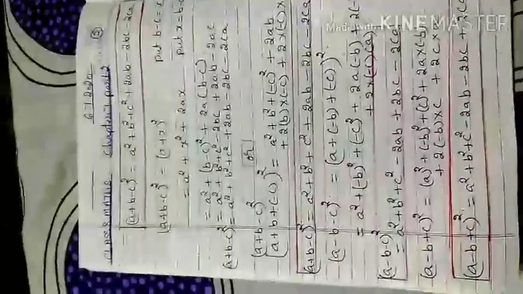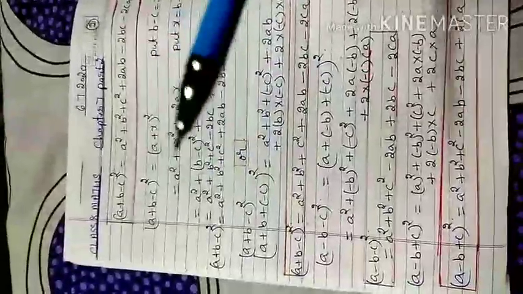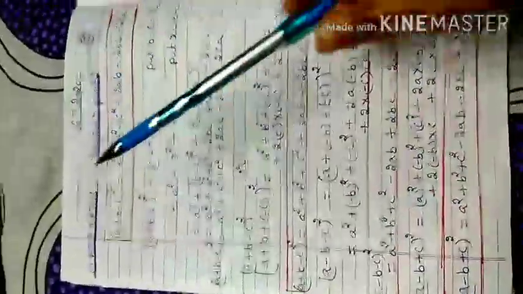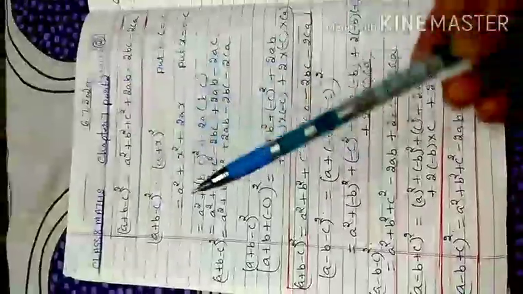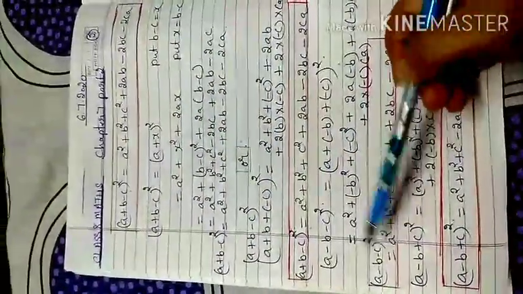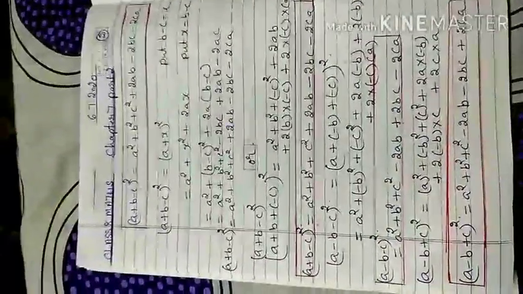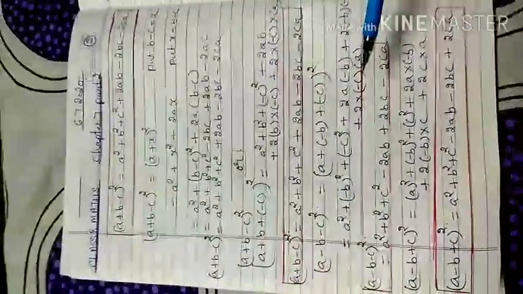Okay, so in this case, when I have trinomials, basically there are four formulas. One is if minus is between b and c, like second and third term; if the negative sign is between first and second term; if the negative sign is between all three terms, like a minus b minus c. So what is the formula according to that?